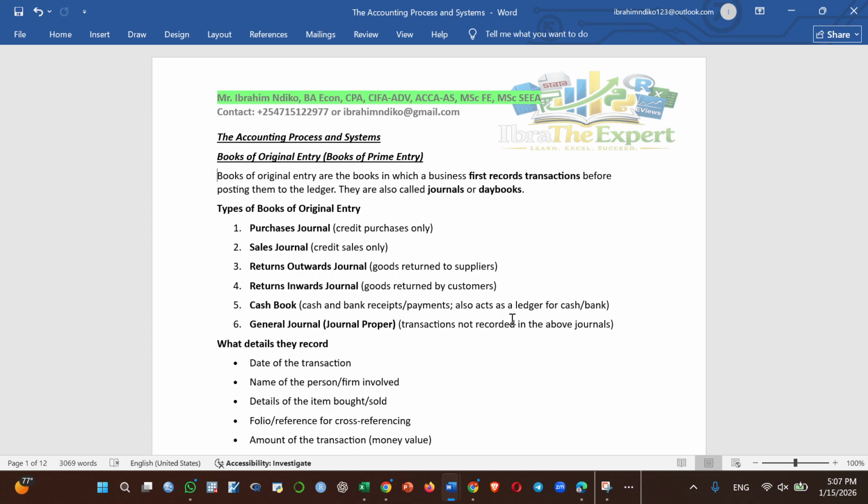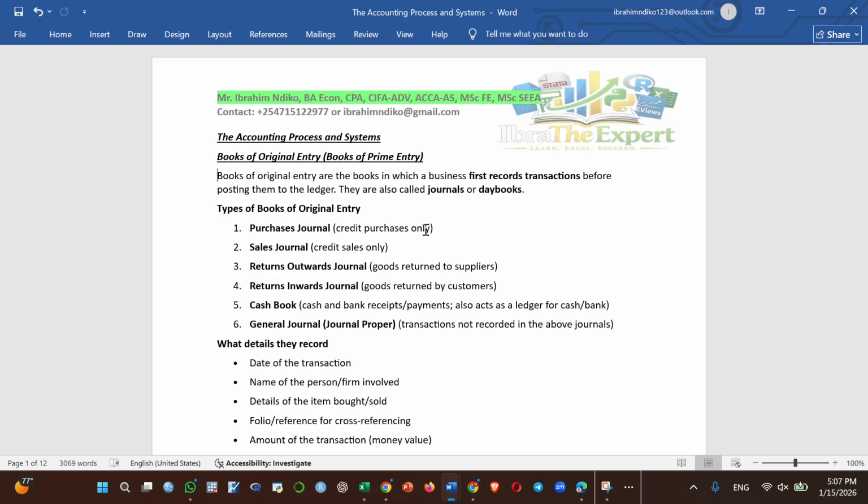These are the books in which the business first records the transaction before posting them into the ledger. So before we even do the ledgers, we need to record, and that recording process is done in what we call the book of original entry or the book of prime entry.